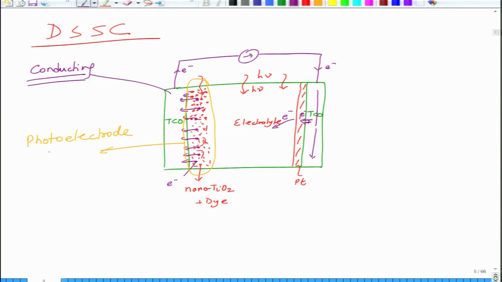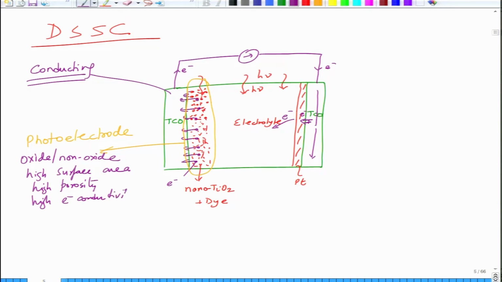This photoelectrode is an oxide. It could be a non-oxide also, but oxides are more common, like TiO2. It must have high surface area, high porosity, and high electronic conductivity, right, and should be stable.